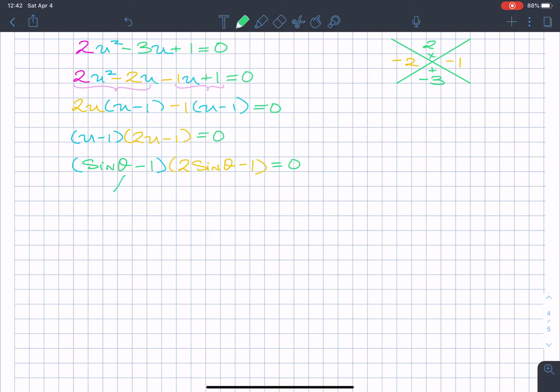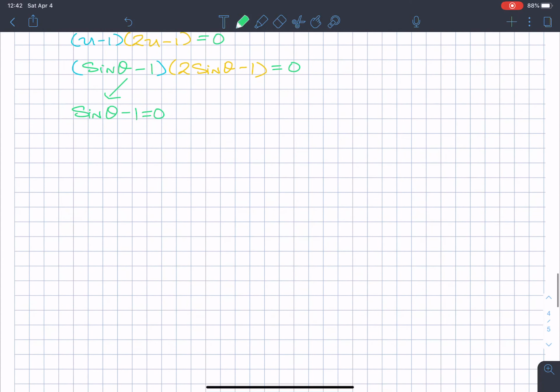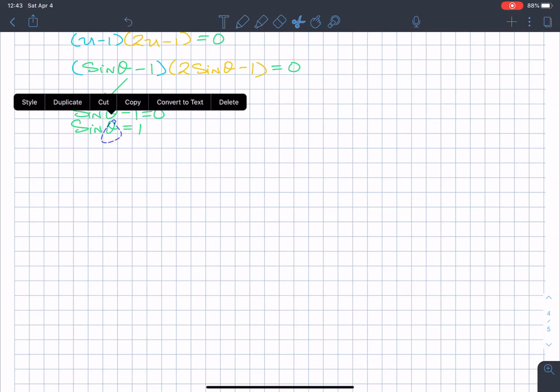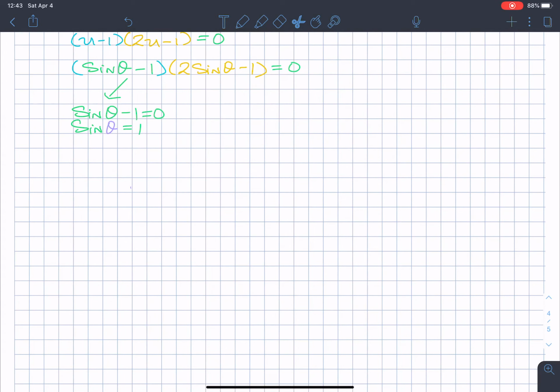So in the first case, if I have that sine of theta minus 1 is equal to 0, using the zero factor property, that means that sine of theta is 1. And let me rewrite theta in terms of purple. Okay, so at what angle, plural, is the y-coordinate 1? Well, that's pi over 2 plus any integer multiple of a full revolution.